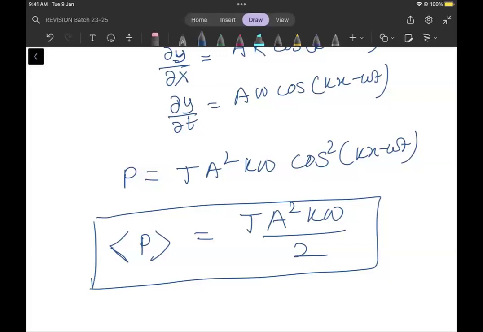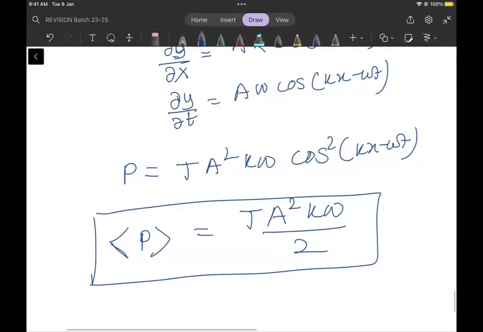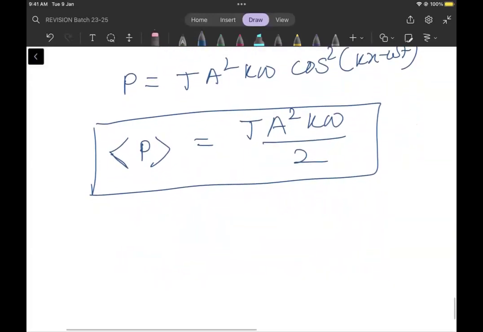Okay, and in the question that you are given, the variables that are given, you have to convert this expression into an expression containing those variables. For example, tension can be written as V square mu.